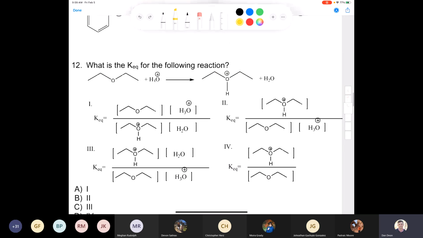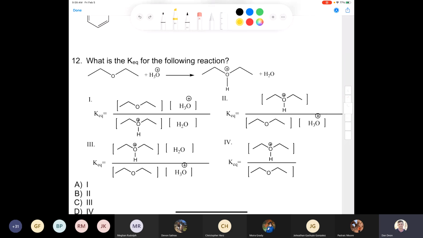The next one is just some general chemistry too, right? You all studied general chemistry too. You can't throw that out the window and say, oh, I just passed it, forget it. No, it doesn't work that way.